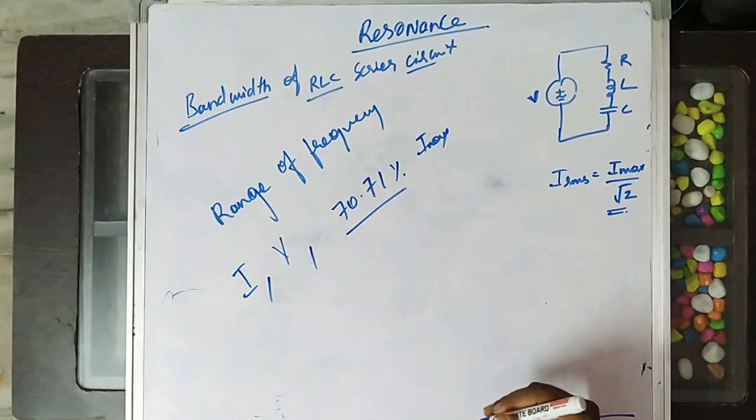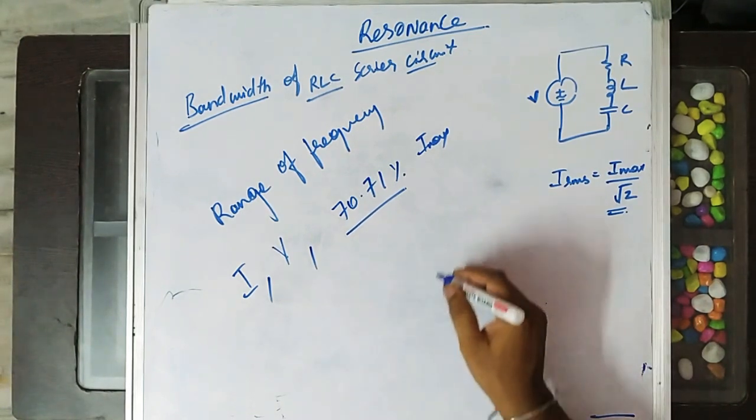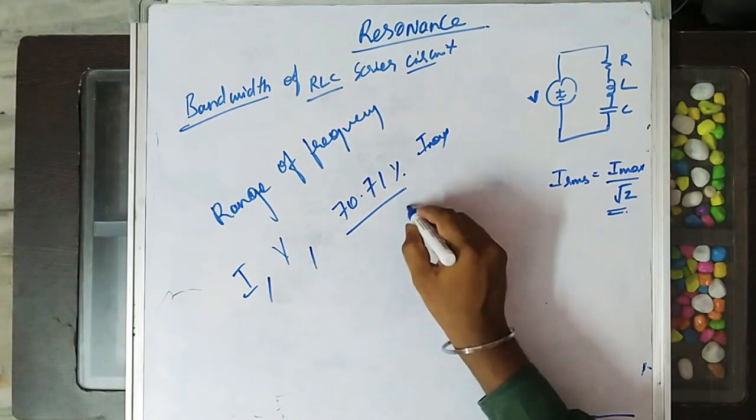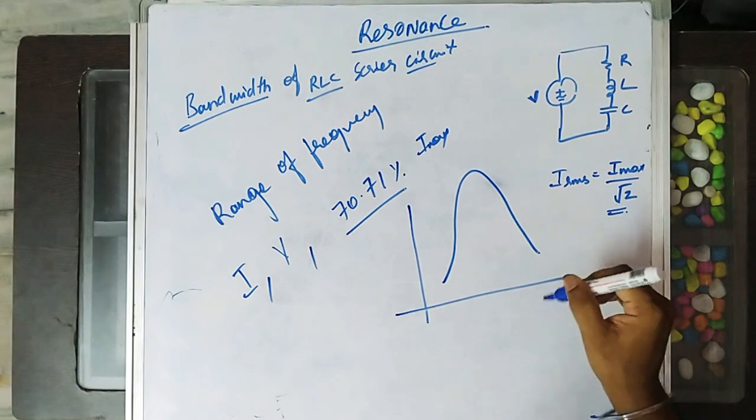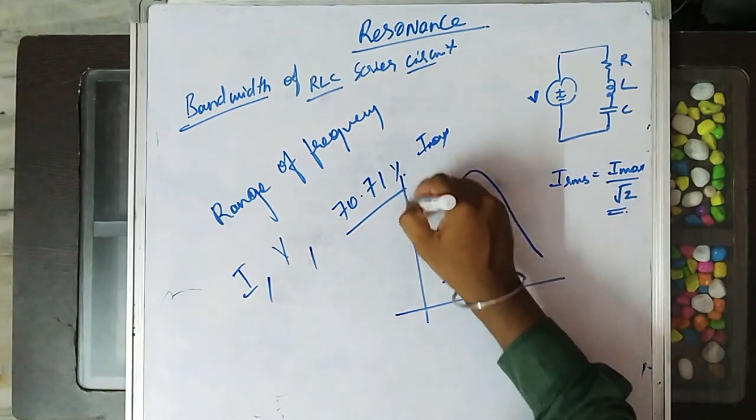So the bandwidth of a circuit is the range of frequency over which the response is 70.71% of its maximum value. The current response in an RLC circuit has this inverted U form.